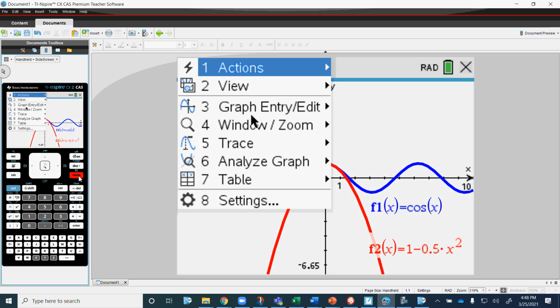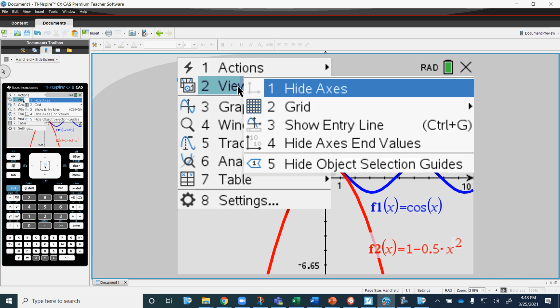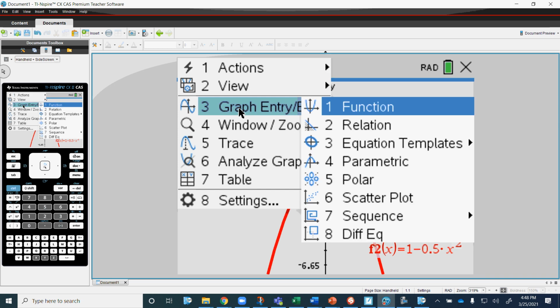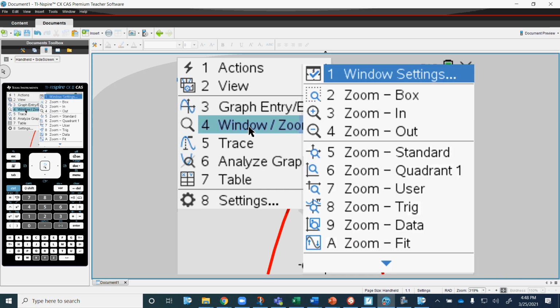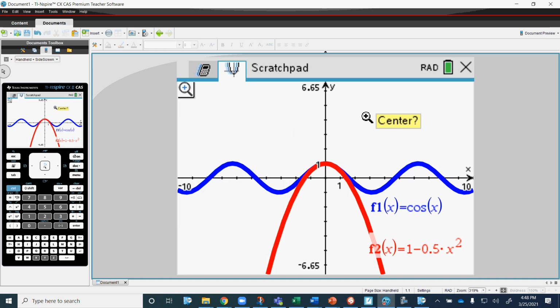Let's just zoom in. I'm not a very proficient Inspire user at the making of this video, but there you go. You can see that at x equal to 0, cosine of x and 1 minus 1/2 x squared behave very similarly. And that's the idea of what the Taylor polynomial is going to allow us to do.